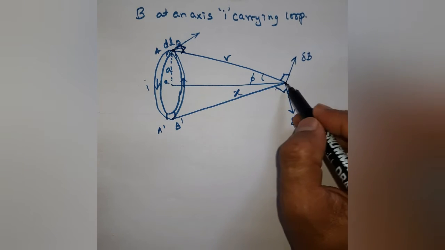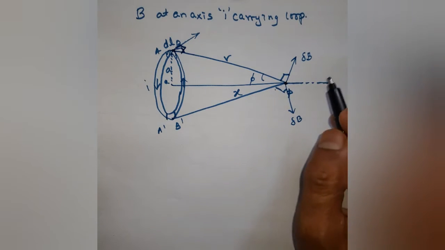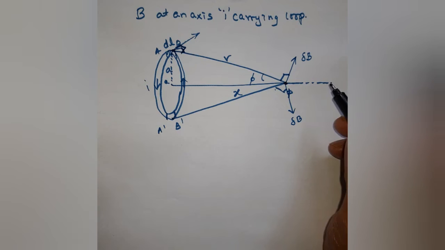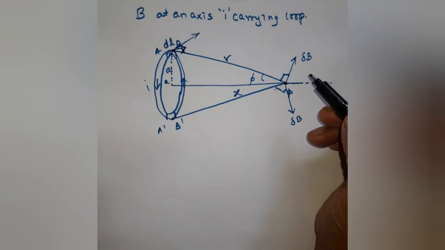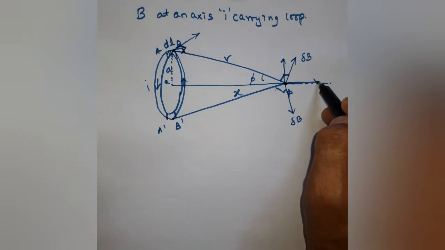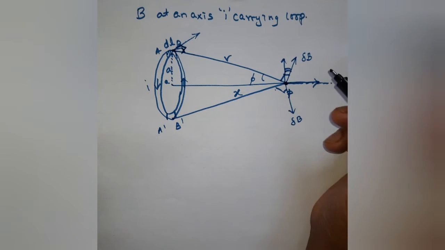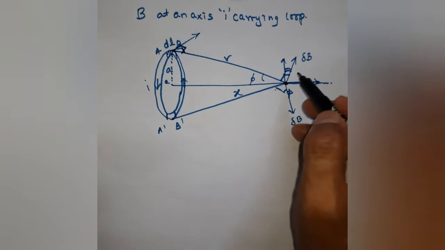My resultant field may be in any direction over here. If this is 90, I resolve these into two components, this and this. Now we need this particular angle. How do we find it?